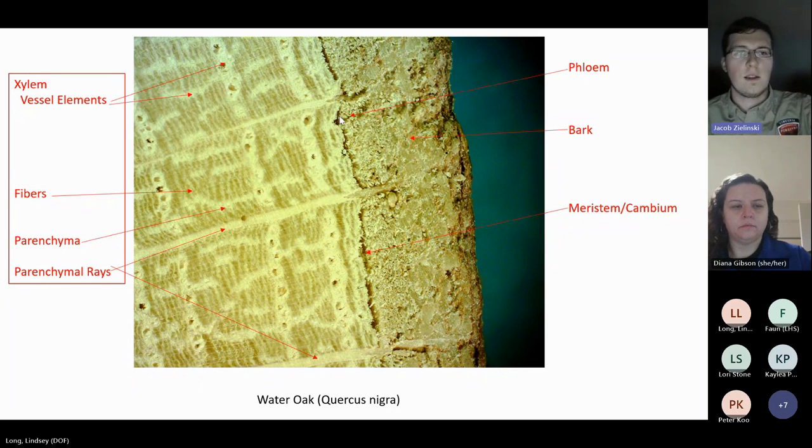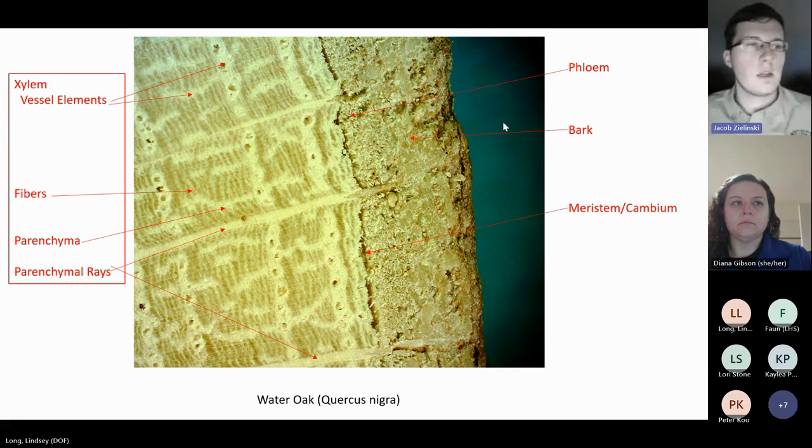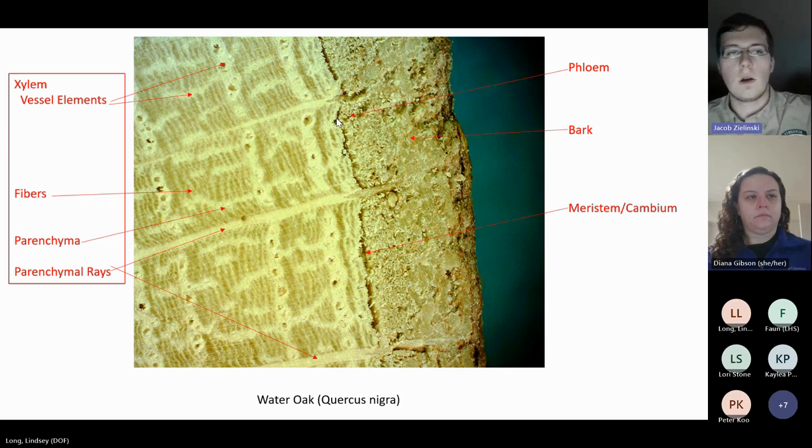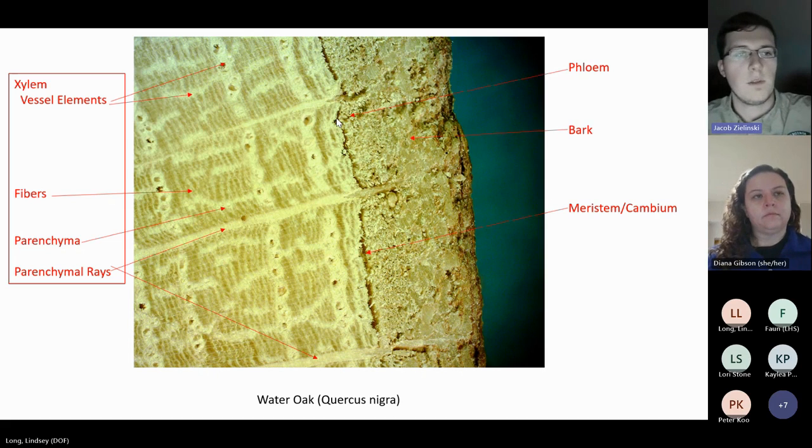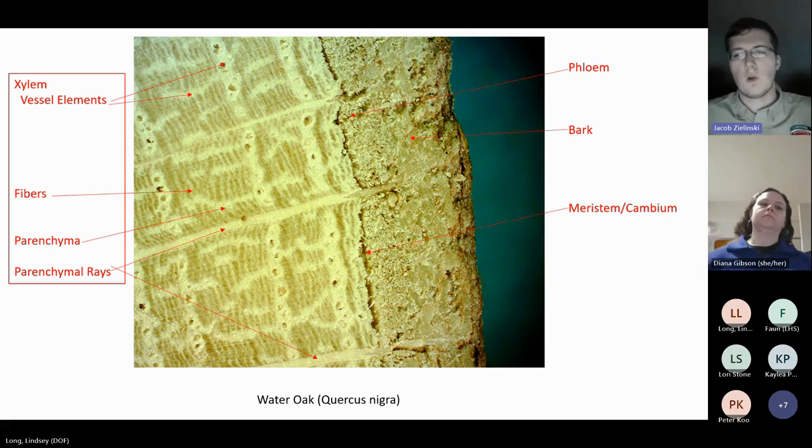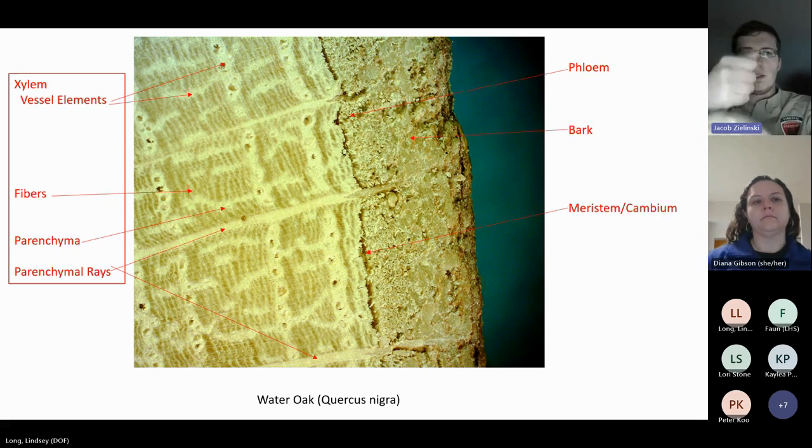Yeah, so everything to the left of the mouse is the xylem, and everything to the right is your phloem, your bark, your meristems. Your xylem consists of your vessel elements, your fibers, your parenchyma, and your parenchymal rays. The rays are live tissue, the fibers are dead tissue, and the vessel elements are big tubes conducting water.